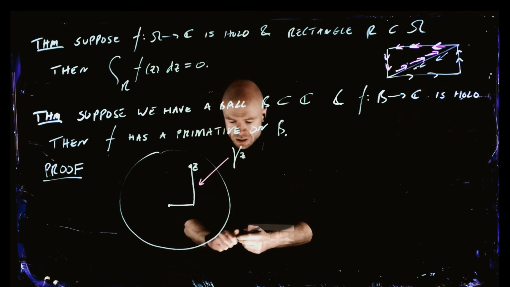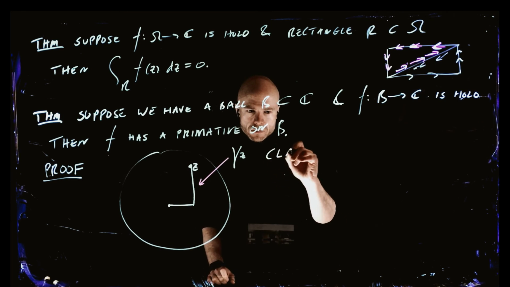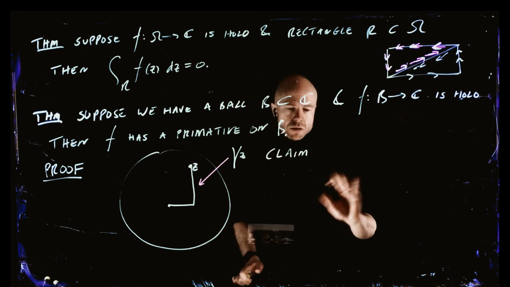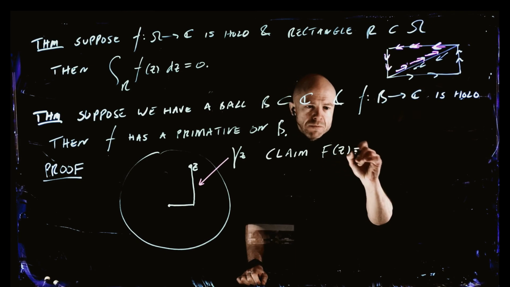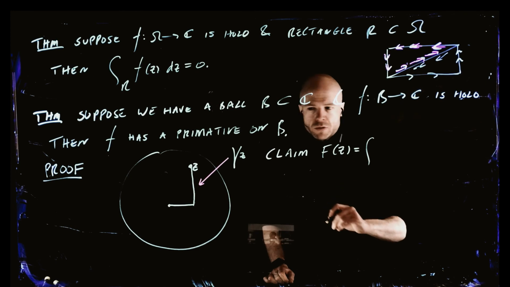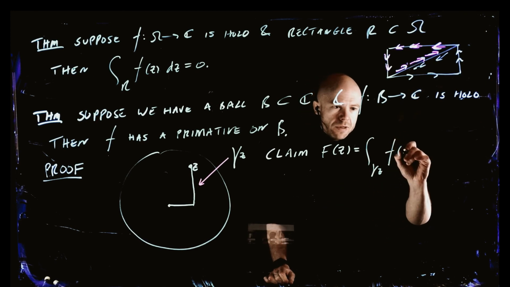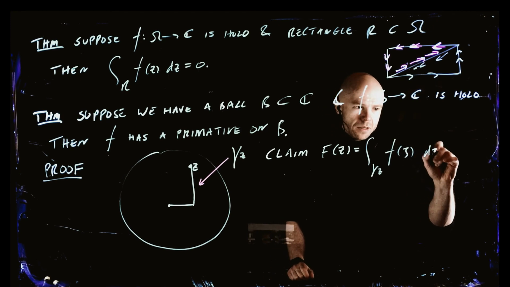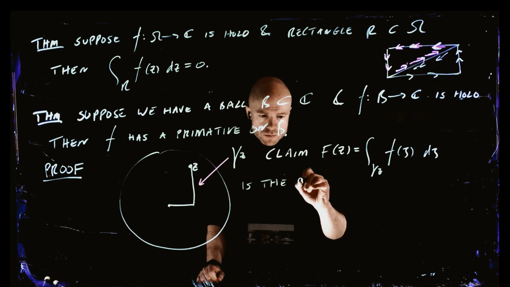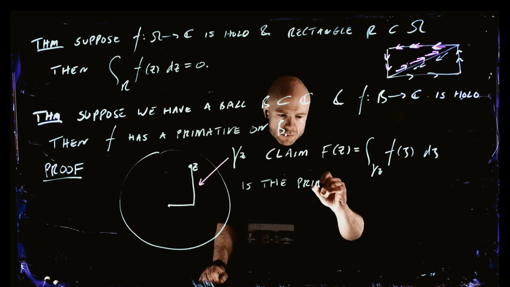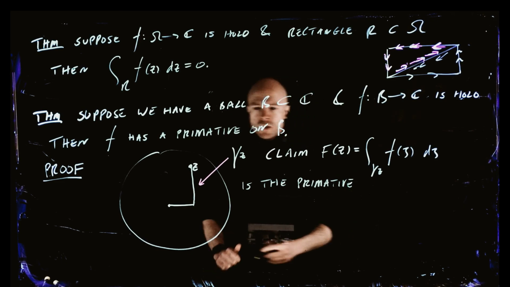And then I claim that capital F of z, which is defined to be the integral over this path of little f of zeta d zeta, is the primitive. And how would you show that?